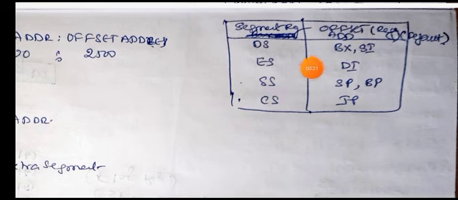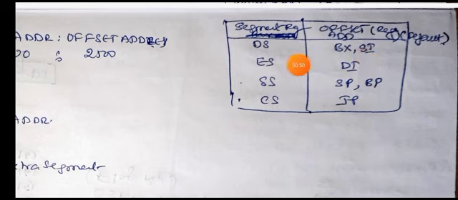For a data segment, the offset address can be directly added to the DS, or the offset address can be present in the BX register or SI register. These two registers are added to the DS register by default, or by default the offset address is directly added to the DS register only. That is in the case of the data segment.